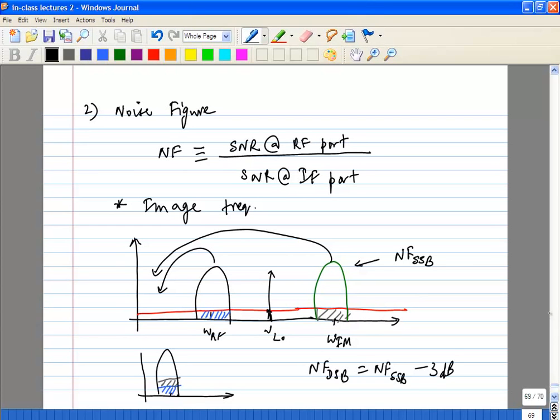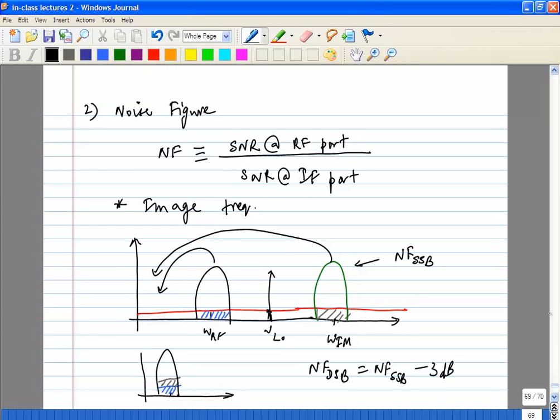So whenever you have either nonlinear or time variant circuits, and the mixer is nonlinear and time variant, you will see issues with what is called noise folding. You will see noise coming from other frequencies. In an LNA, when we looked at it, it was a linear circuit, somewhat slightly nonlinear, but time invariant.